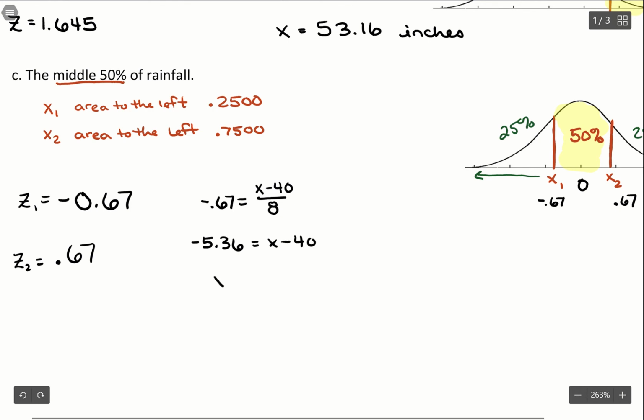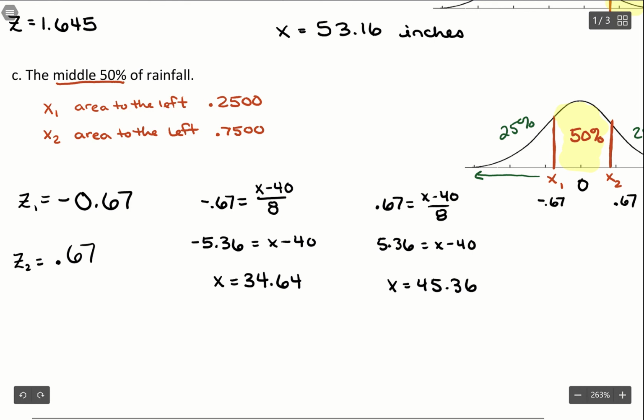Add 40 to both sides for 34.64. Then we'll do the same thing for the positive 0.67. Multiply both sides by 8. Add 40 to both sides.